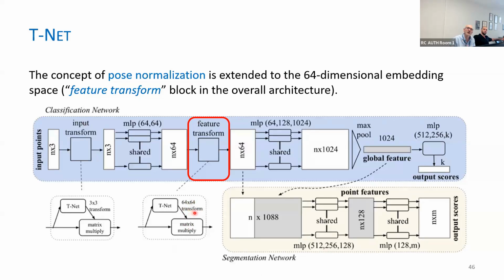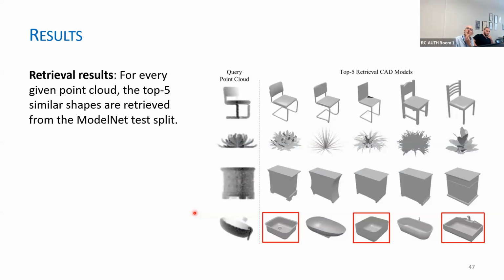So the network learns the 64 by 64 transformation matrix, because of course this transformation depends on the dimensionality of the space. So in 3D, we have a 3x3 matrix. In 64-dimensional space, we have a matrix which is 64x64.